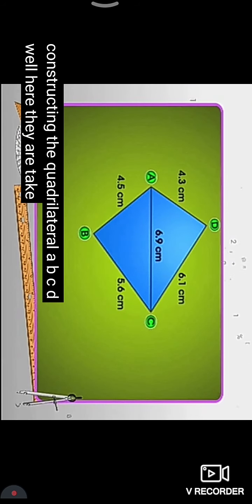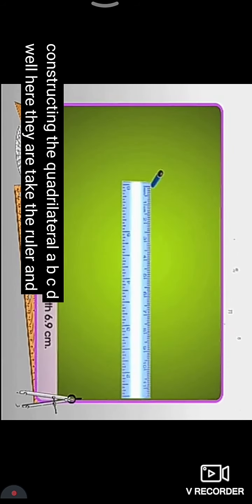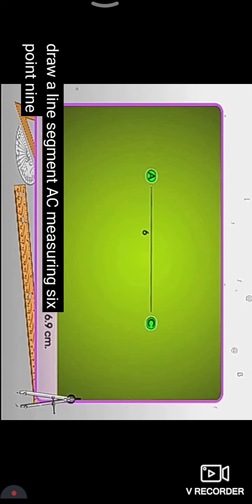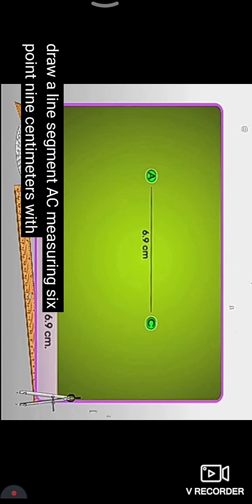Well, here they are. Take the ruler and draw a line segment AC measuring 6.9 centimeters.